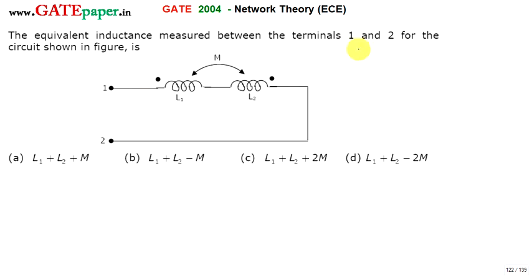The dot convention rule says that if there are two coils L1 and L2, and the currents flowing through these two coils are I1 and I2, and both the currents are entering the dots, then mutual inductance is the same as self-inductance.